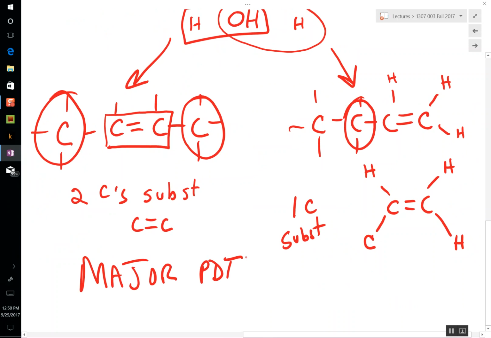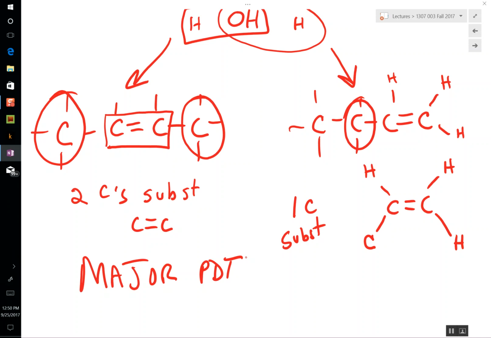Okay, so that's what you want to do. You want to look at the two carbons in the carbon-carbon double bond. You don't count them. What you are counting is what is attached to those two carbons. There can be 4 things attached. How many of them are carbons?